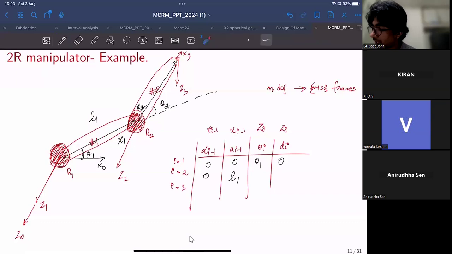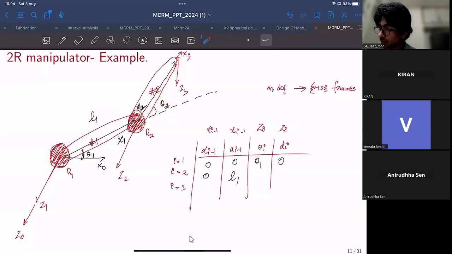Now what about theta 2? So once you have translated this frame 1 over to frame 2, it will be like this. Z1 will be along this axis. X1 would be along this axis. So X1 and X2 have an angular offset of theta 2, right?